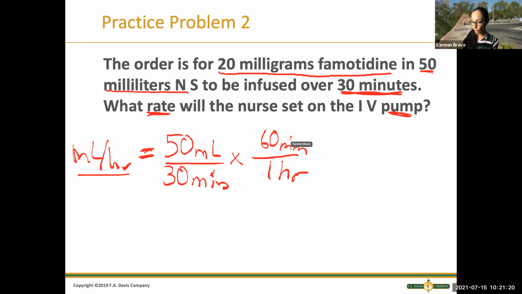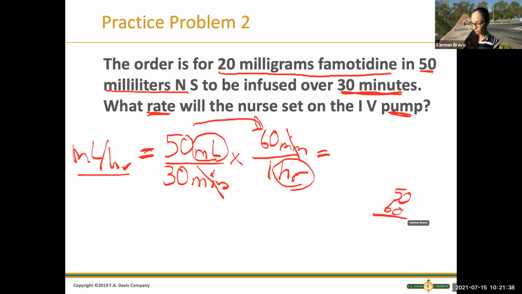That way we know how to convert this into mLs per hour. Now I can cancel out the minutes and be left with mLs per hour. So 50 times 60.